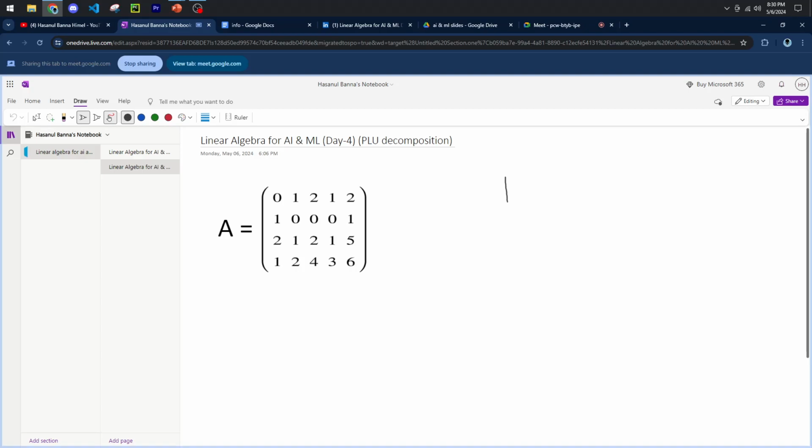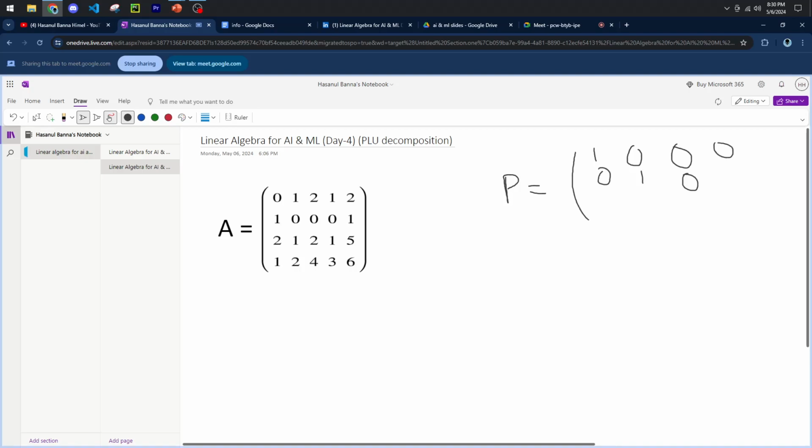Let's assume P is the identity matrix, which will have 1 0 0 0, 0 1 0 0, 0 0 1 0 and finally 0 0 0 1.